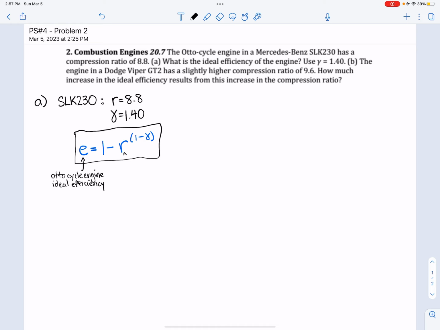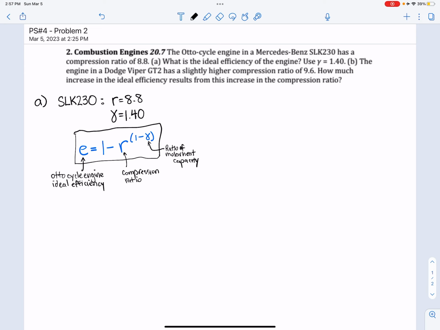R is the compression ratio, and gamma is the ratio of molar heat capacity. At this point, it's going to be pretty simple.